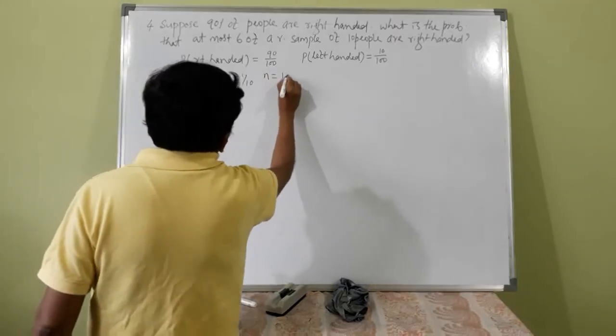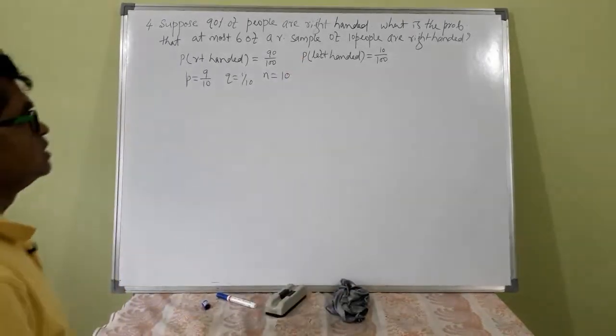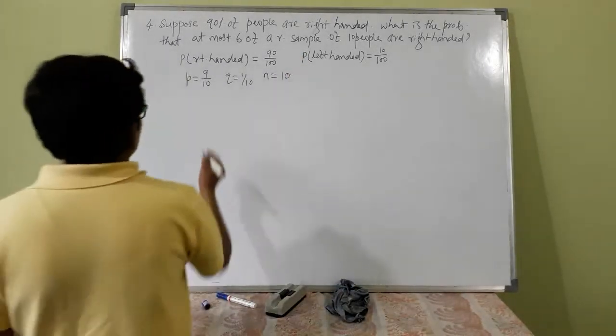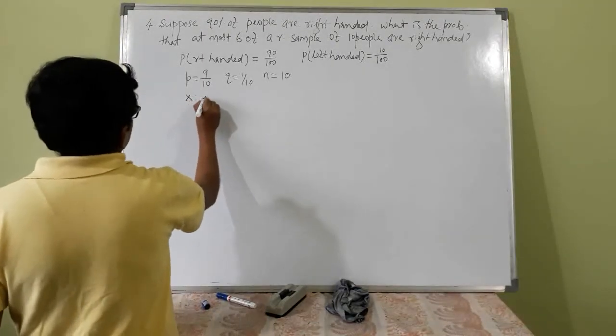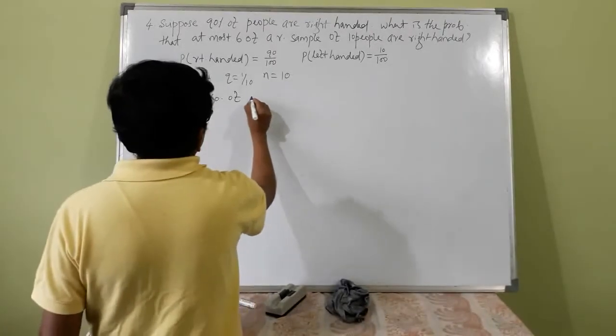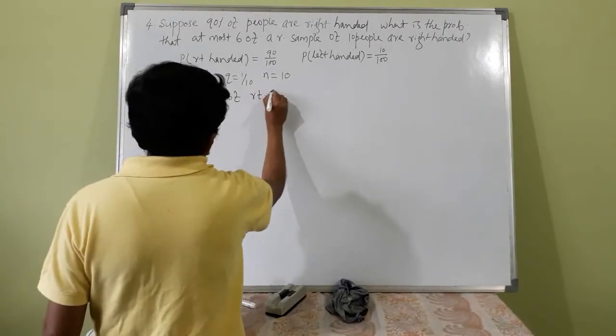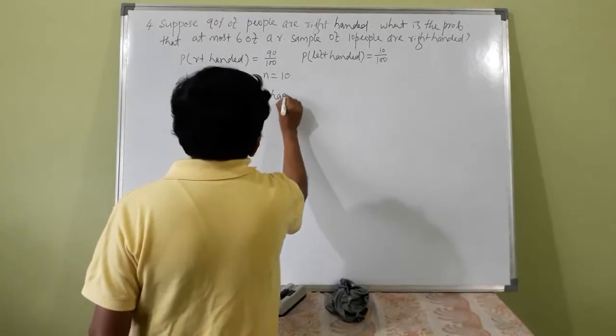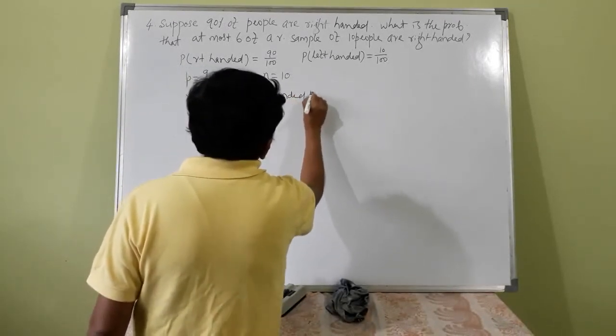n is the sample of 10. This is clearly a binomial distribution example. See, X is the number of right-handed persons.